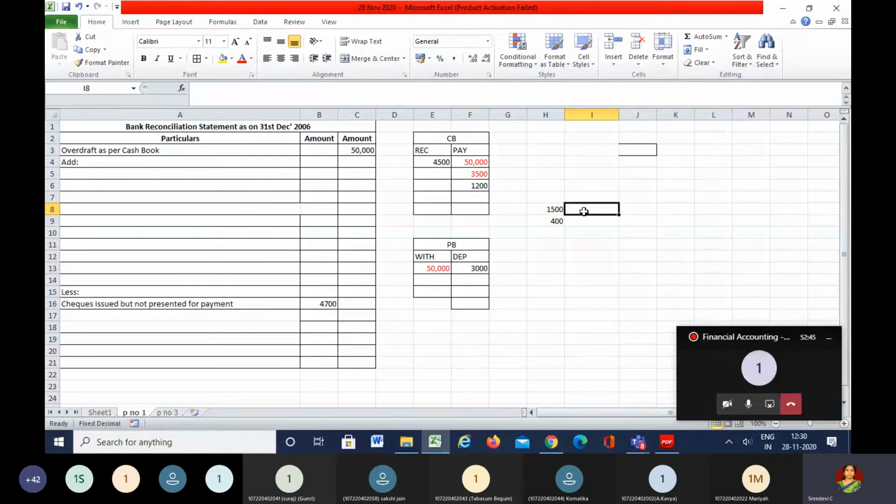So 1500 has not been credited by the banker and the 400 rupees check has been dishonored. But the intimation has been sent as on 2nd of January. The entry is already made in the cash book, but it is still not made in the passbook. So out of this 4500, it includes 1500 and it also includes 400.